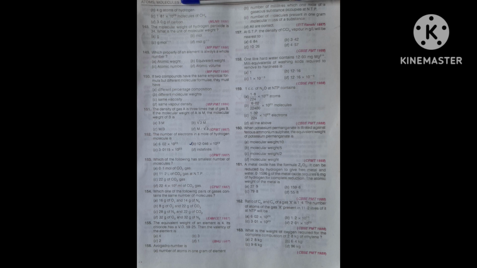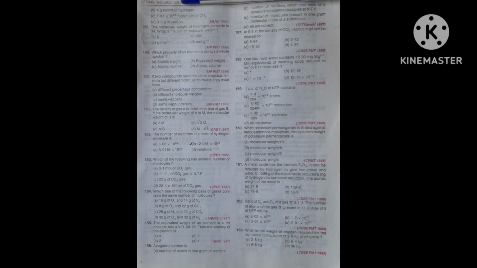So 0.1596 gram of Z2O3 reacts with 0.006 gram of H2. Then for 1 gram of H2, how much metal oxide is required?